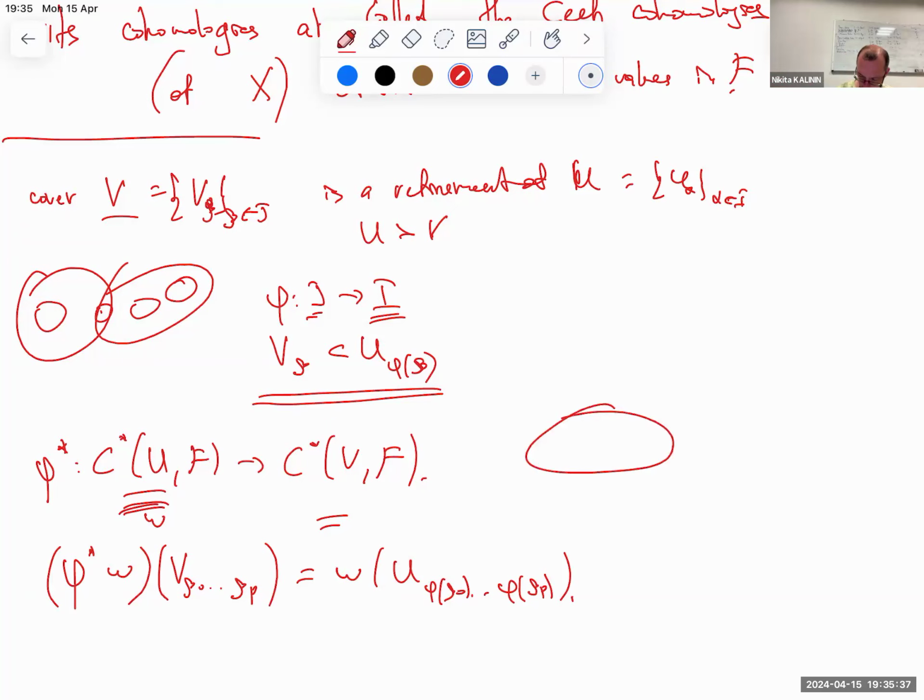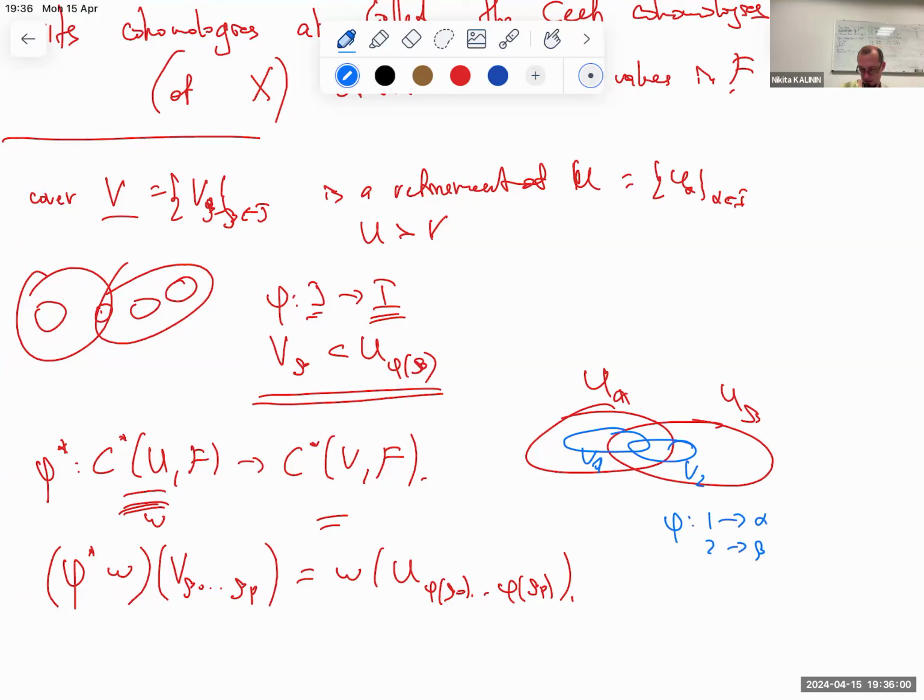Right. So the picture looks like that. So here you have U alpha, U beta. So here you have V1 and V2, and our map phi is from 1 to alpha and 2 to beta.